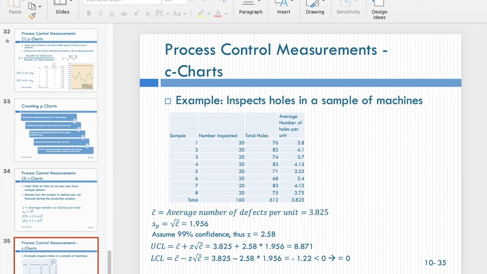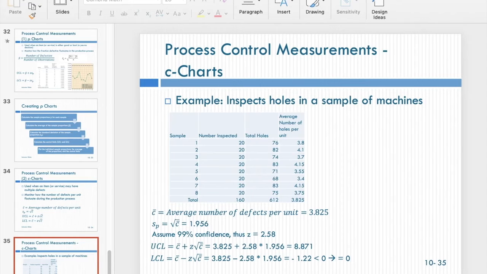What is the average number of holes per unit? It is 76 divided by 20, which is 3.8. In the second sample, the average number of holes per unit is 82 divided by 20, which is 4.1. It's very simple.